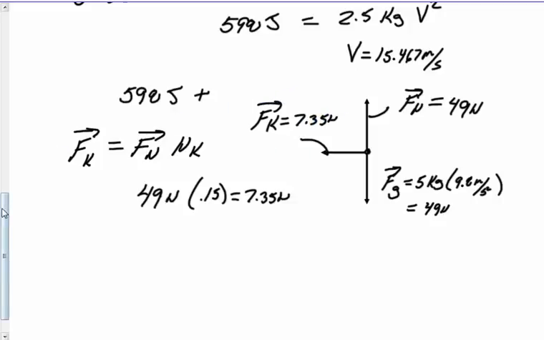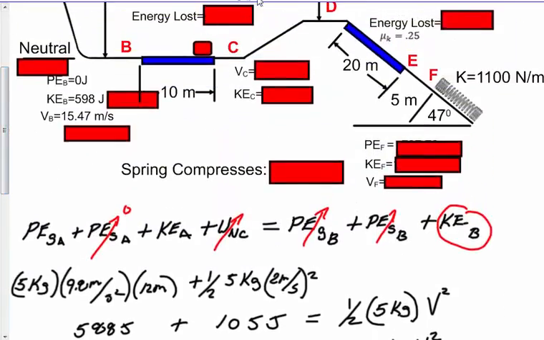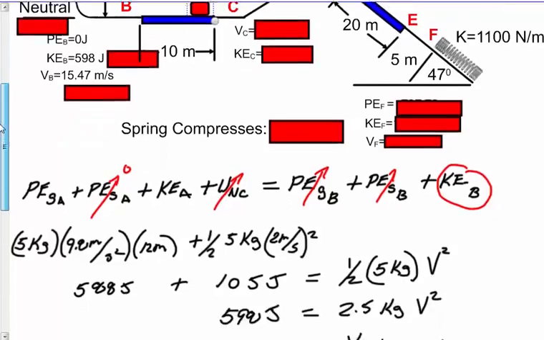Now, if you notice here, the frictional force is pointing left. So as this object slides to the right, the work done by the non-conservative force is going to be negative, because it's moving to the right, but the force is going back to the left. So the work being done is the force times the distance, and we're going to multiply that by 10 meters.